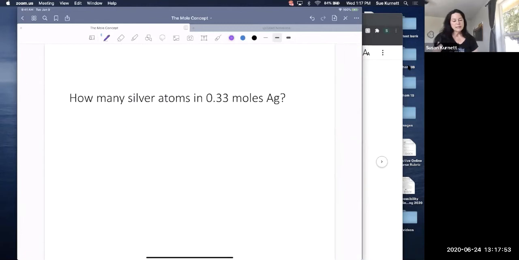Okay, so how many silver atoms are in 0.33 moles? And we abbreviate mole, this is crazy, by just dropping the E. And so if I want to go from moles to atoms, I'm going to multiply by Avogadro's number.